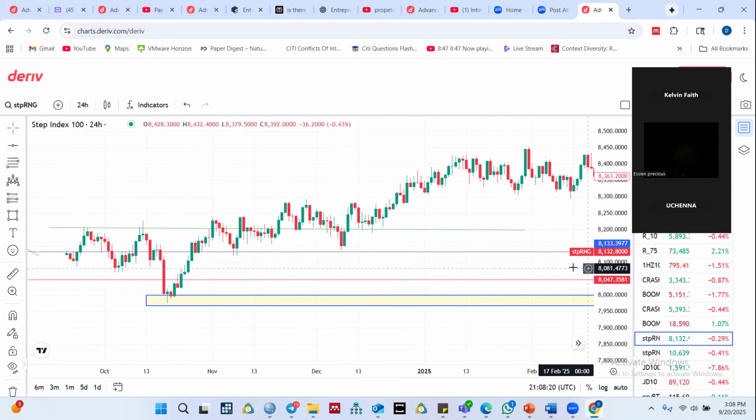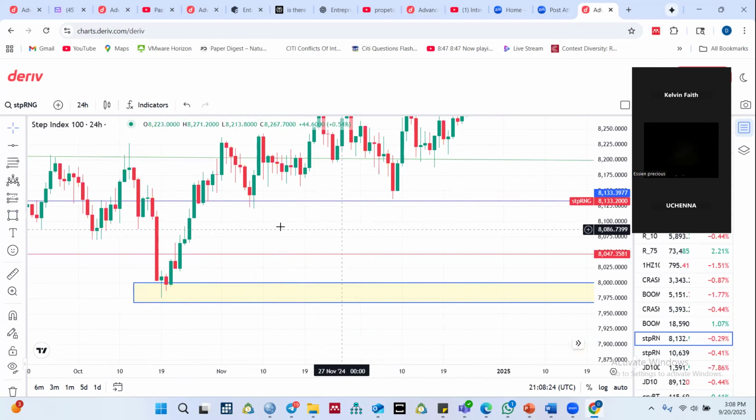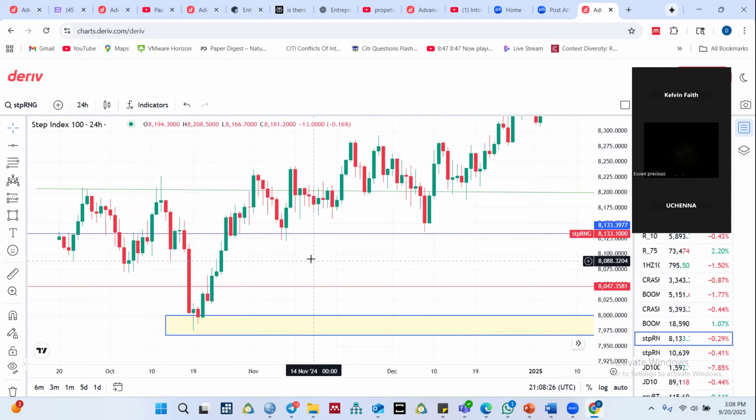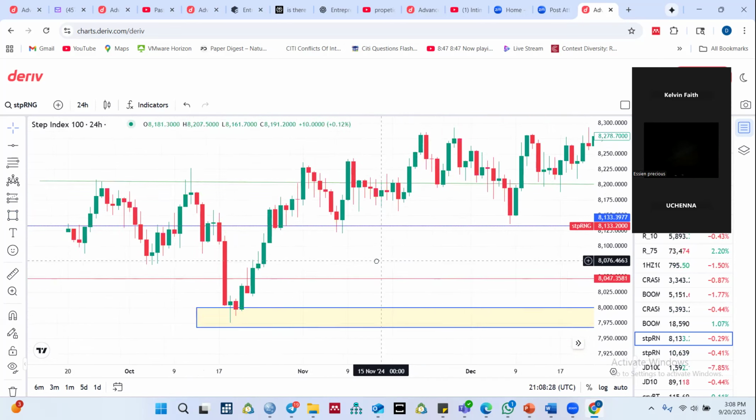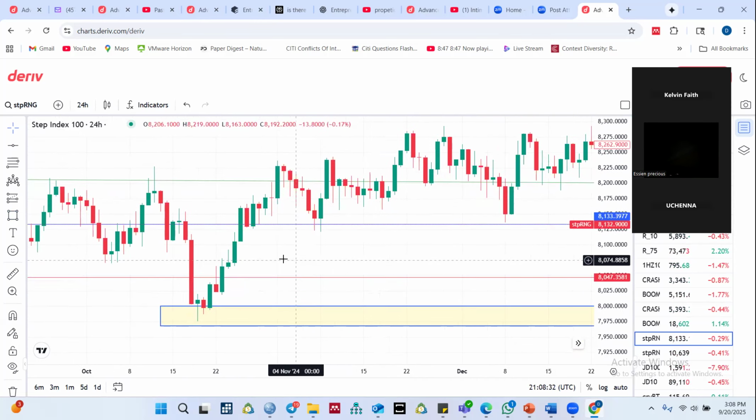Okay, but then let's study the 78.6 level. Let's see if we can have any support or resistance around that.